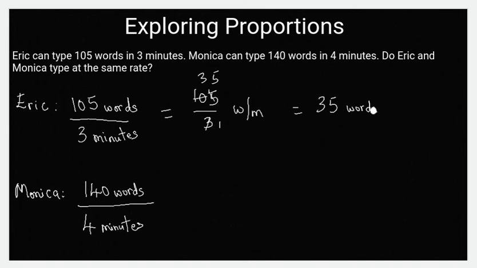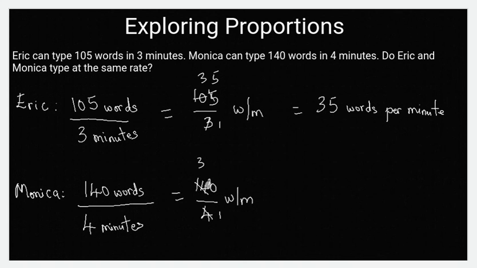Okay, let me write it in full here. Words per minute. Okay, let's check out Monica's rate per minute. This will be 140 over 4 words per minute. 4 divided by 4, 1. How many 4's will you find in 14? That's 3. 3 times 4, 12.